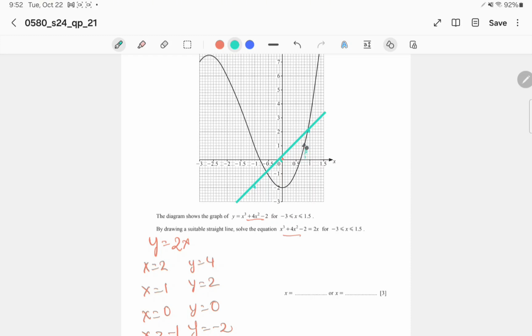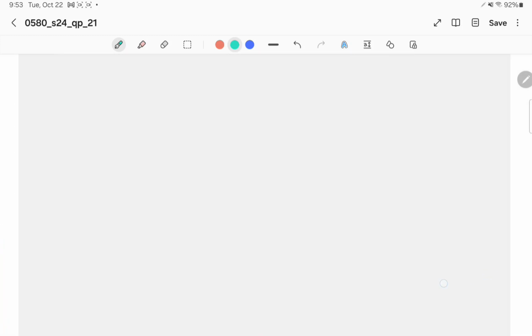Okay, 0.85 it is cutting. I am not drawing clearly. Approximately it is 0.85. Okay, here it is cutting at minus 0.5. Okay, these are the answers for this one.